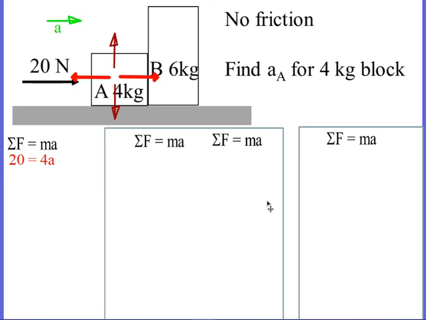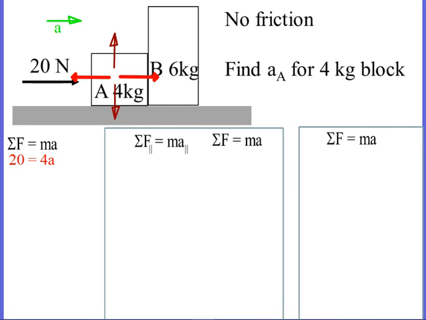Now, with the problem done correctly, I will add up all the forces. And I really ought to distinguish that I'm adding up all the forces parallel, and then perhaps over here adding up all the forces perpendicular.